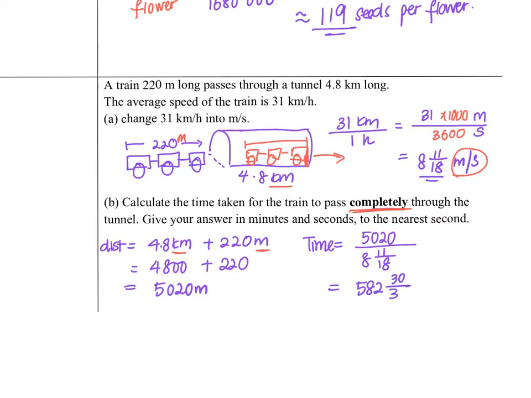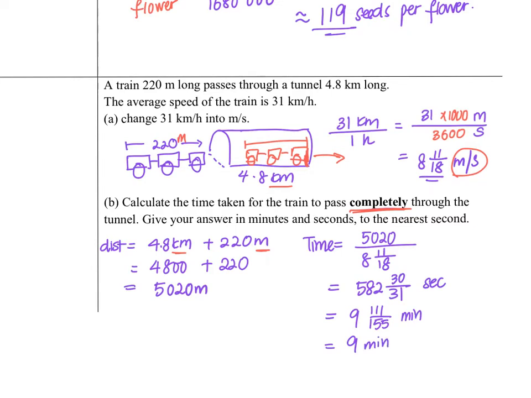And I got an answer of 58230 over 31. This is in terms of seconds. So how do I change it to minutes and seconds? 1 minute has 60 seconds, so I'm going to divide this by 60. And I got 9,111 over 155. So this means it's 9 minutes.